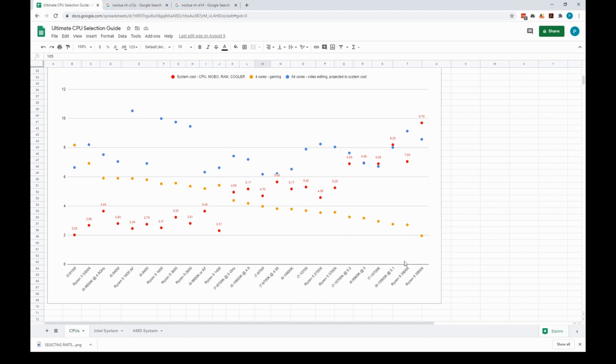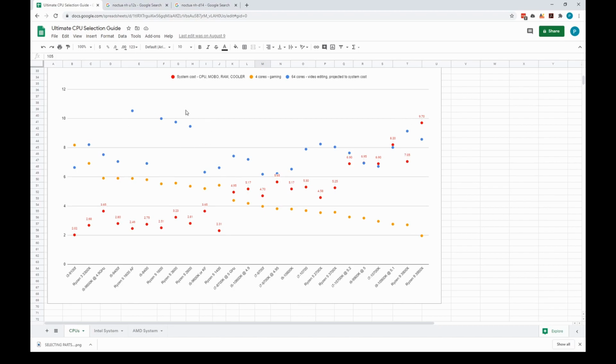The most score has the Ryzen 9 3950X, and you can see it's somewhere here. I consider everything from 8 to 10 a good price to performance for video editing, design, or any load that requires multi-core performance.